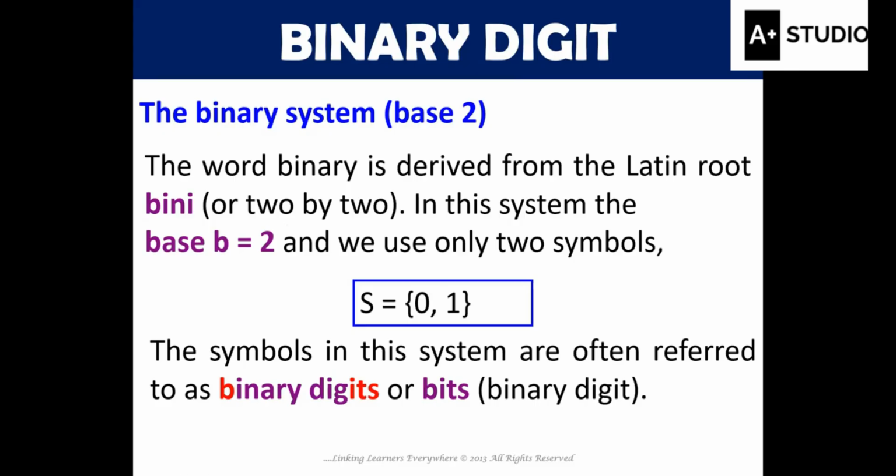B-I-T-S, bits. Okay? So when you buy a phone, it says I have this many megabytes or this many gigabytes. The basic unit is bits. How do we get that name? It's from the words binary digits. I've already told you that computers store information using what we call binary digits.